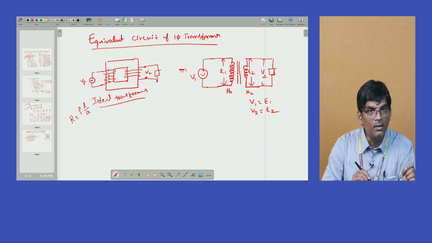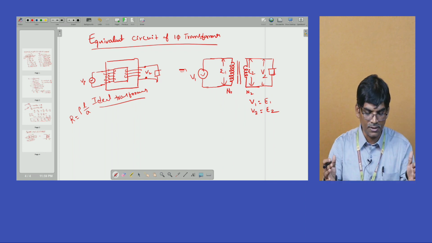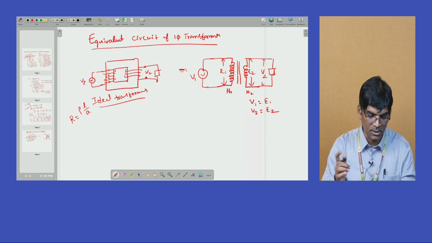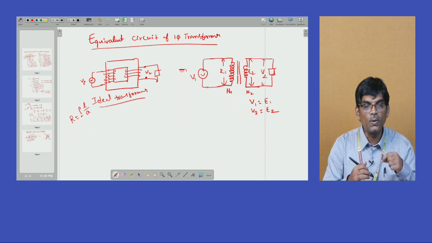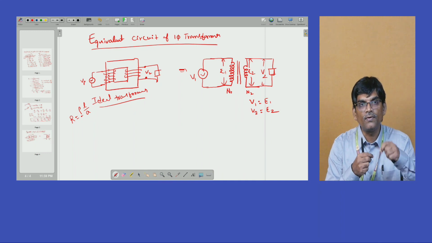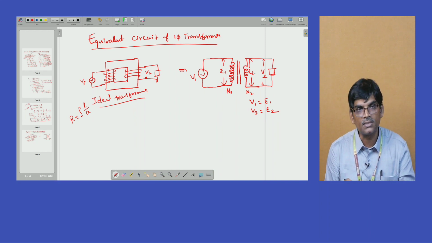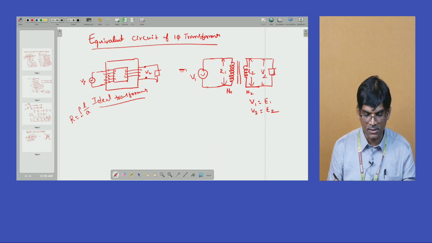Thinner wire has high resistance, and more length offers more resistance. It also depends on the resistivity of the material. Because of that, the number of turns have some length and some area of cross section, so it offers some resistance. Similarly, the secondary winding also offers some resistance.